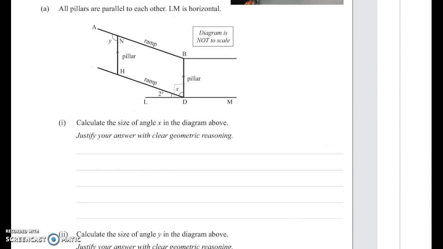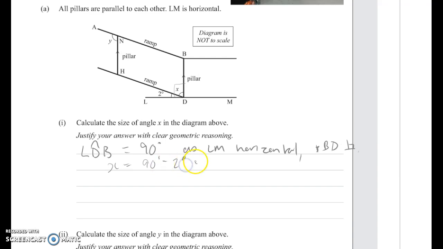So I know that the angle LDB is equal to 90 degrees as LM is horizontal and BD is perpendicular. Okay, so our vertical. So that was given. So X equals 90 minus 2 degrees, which equals 88 degrees.